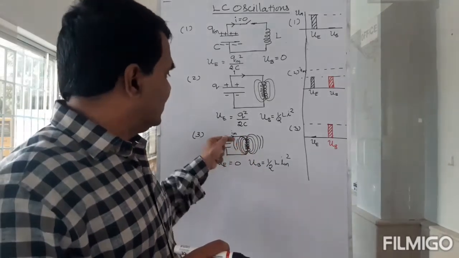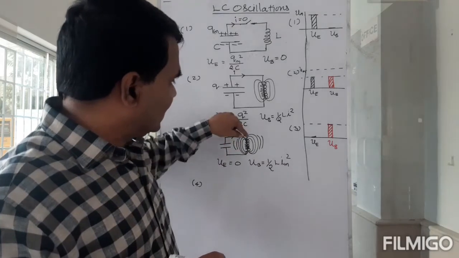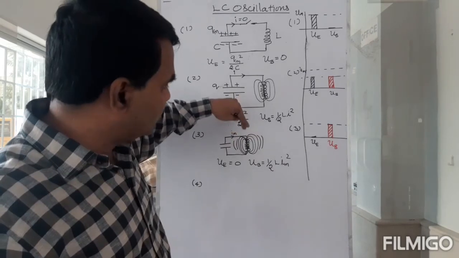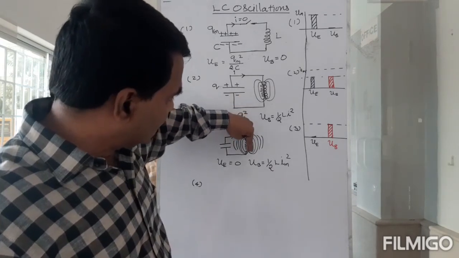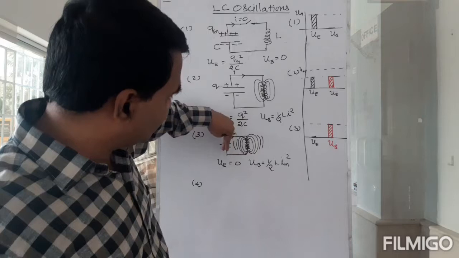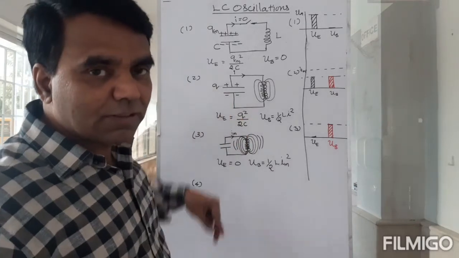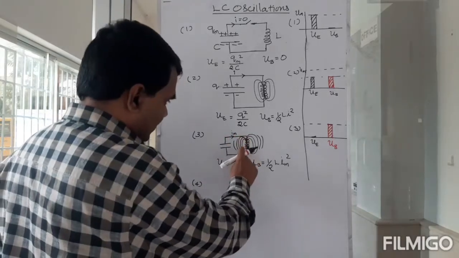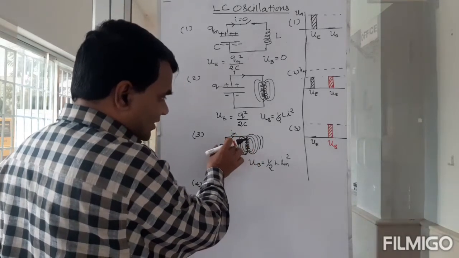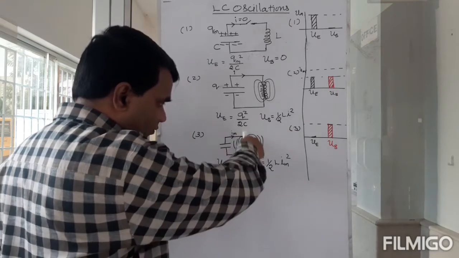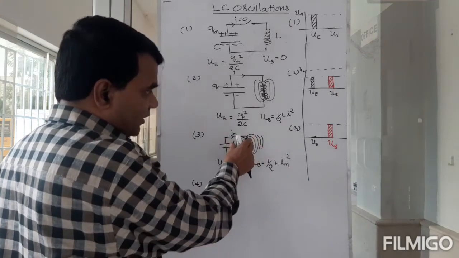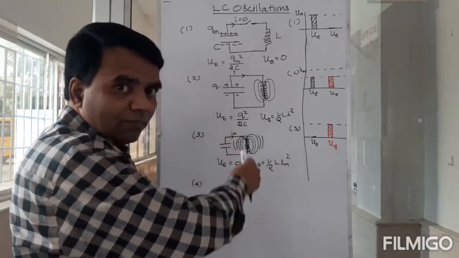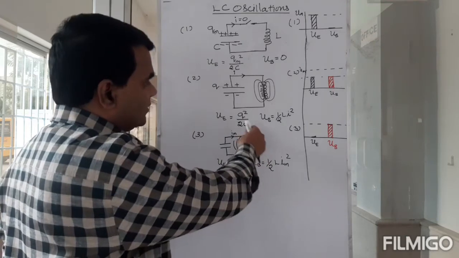So even though there is no charge, now the magnetic field will shrink, and the energy in this magnetic field will be used to put the current in the same direction. So this will start putting the current here. There is no energy here. All the energy is here. Current is flowing in this direction. Now the magnetic field will try to maintain the current in the same direction, because it is against the change.